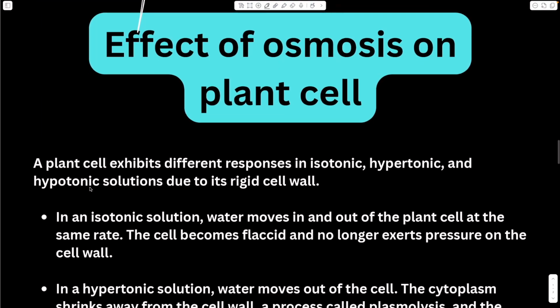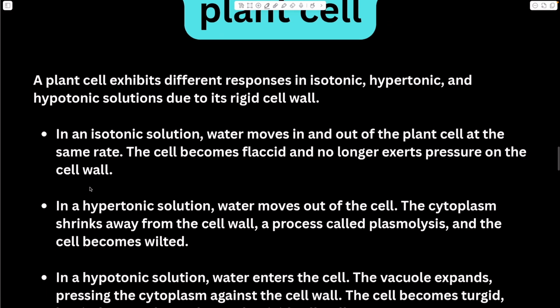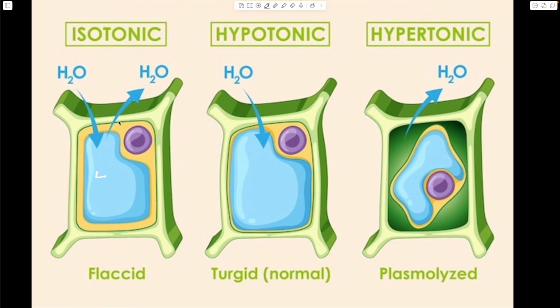Now we'll look at the effect on plant cells. Plant cells behave a little bit differently than animal cells. For example, in an isotonic solution, there is no net movement of water, as an equal volume of water moves inside the cell and an equal volume of water moves outside of the cell.